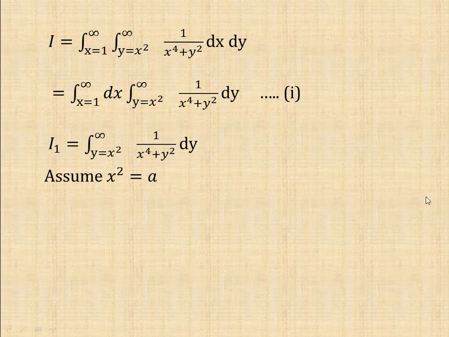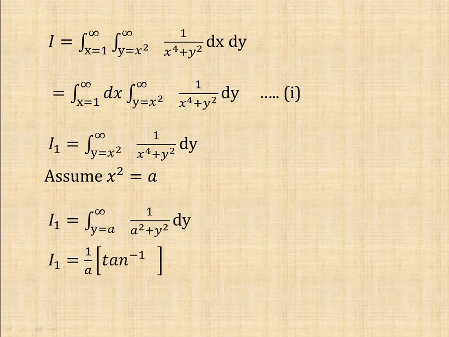After substitution of x square equal to a, the integral becomes I1 equal to integration from y equal to a to infinity of 1 by a square plus y square with respect to y. This is the standard formula of integration, that is I1 equal to 1 by a tan inverse of y by a, lower limit a, upper limit infinity.